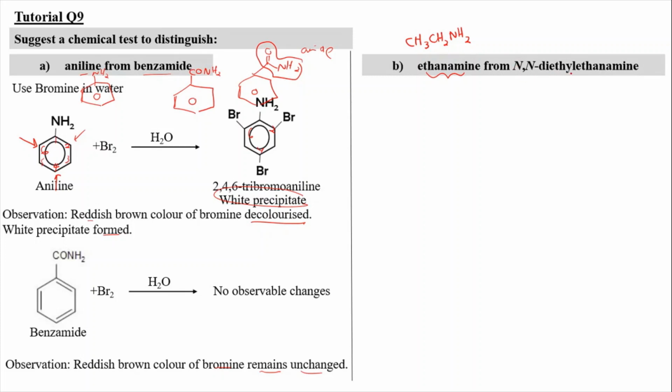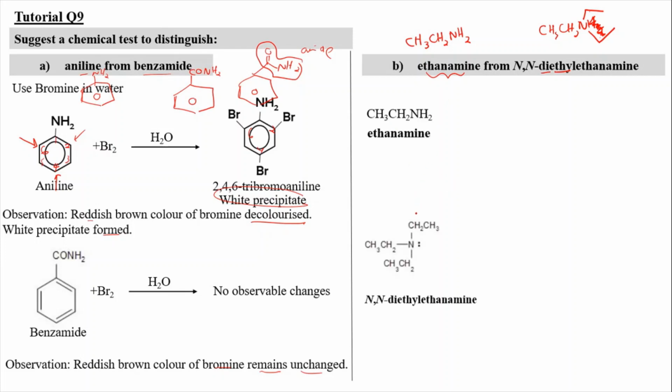Meanwhile, N,N-diethylethanamine is basically the same as this one, CH3CH2N. However, two of the hydrogens are going to be changed into ethyl. So ethyl group 1 and ethyl group 2. So it's going to be N,N-diethylethanamine. Okay, so that's the structure that we have. So we have the ethanamine and we have N,N-diethylethanamine.